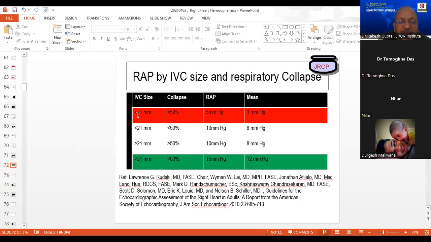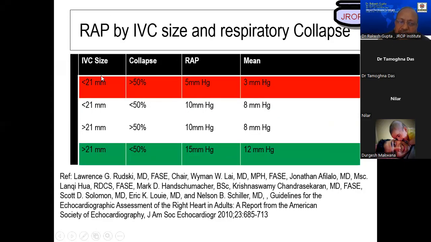So you have to remember two important things. One, normal dimension is less than 21 millimeter, collapse more than 50%, RA pressure 5. Remember the other thing: more than 21 millimeter size and collapse less than 50%, then it is 15 millimeters of mercury RA pressure. And in between, all the variables contribute to 10 millimeters of mercury of RA pressure.